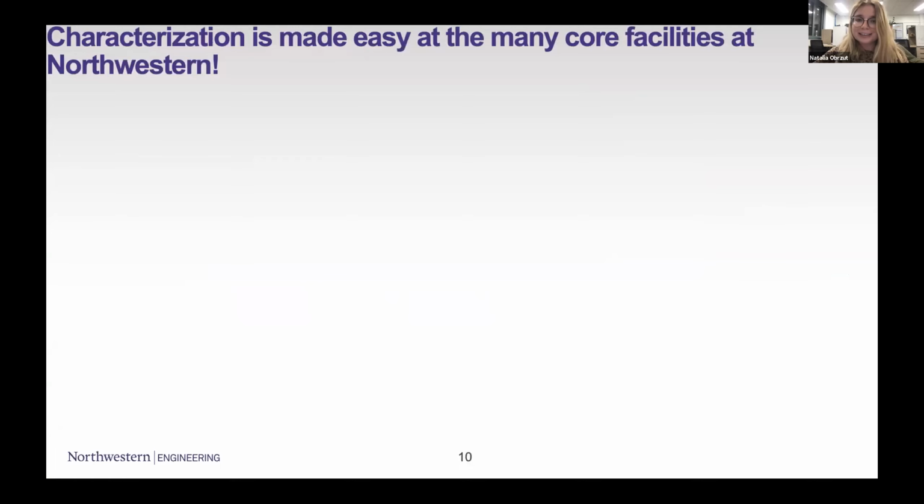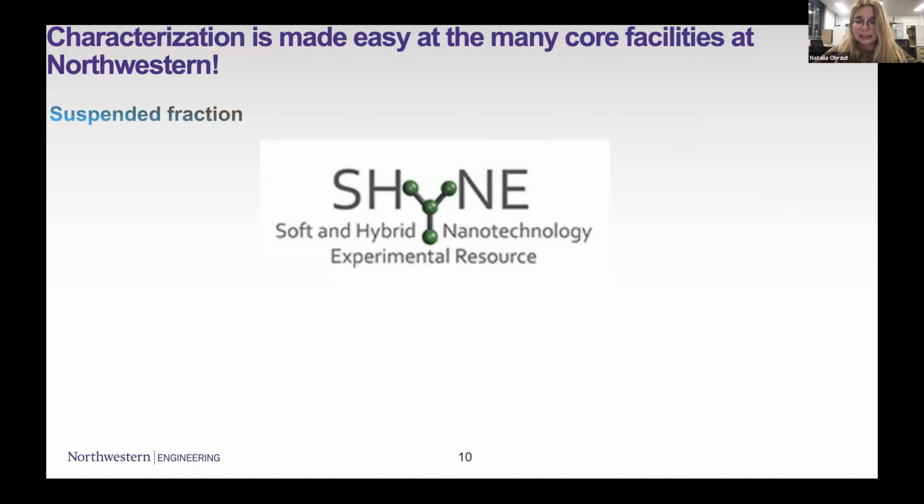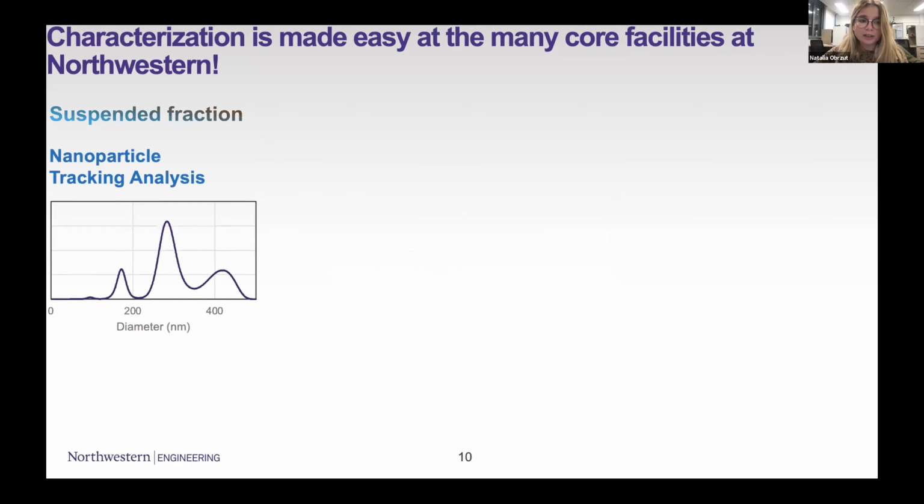Luckily, characterization is made easy at the many core facilities at Northwestern. A core facility is just a shared facility that houses state-of-the-art instruments. So for example, for the suspended fraction of our solution, I have used the Shine core facility, which houses the nanoparticle tracking analysis, which helps me get a size distribution for our nanoparticles as well as the concentration.